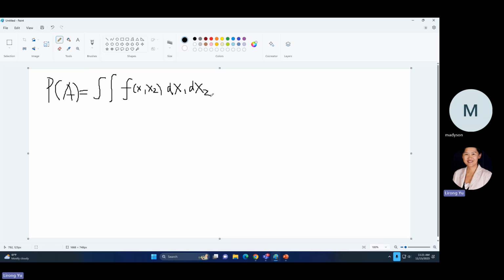Now, if you want to calculate probability with y1, y2, for the same region, it will be a double integral of f of y1, y2, dy1 dy2. So theoretically, you're changing from the two variables x1 and x2 to y1, y2. In Calc 3, we called that change of variable. So how do you change the variable?